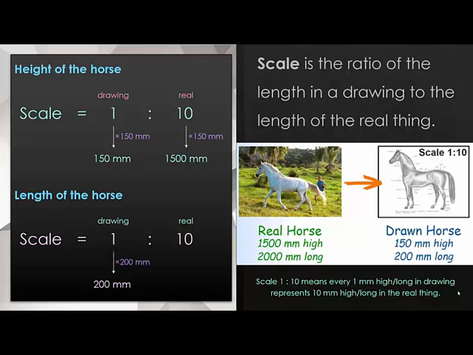If you multiply 1 in the drawing by 200 millimeters, you must multiply 10 here in the real thing by 200 millimeters. So 10 times 200 millimeters equals 2,000 millimeters. It means if in the drawing the length of the horse is 200 millimeters, then the length of the real horse is 2,000 millimeters with the scale 1 to 10.